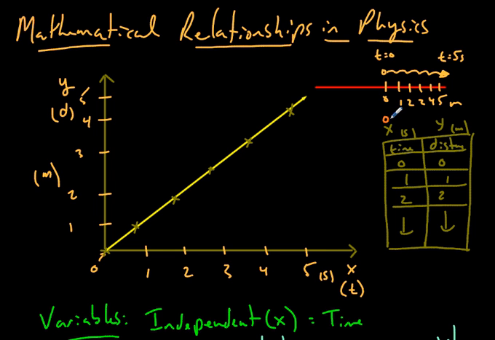Well, it might cover 1 meter in the first second, then 2 meters, so now it's at 3, and it might cover 3 meters in the following second, and so on. In other words, the distance that it's covering per second gets higher and higher.